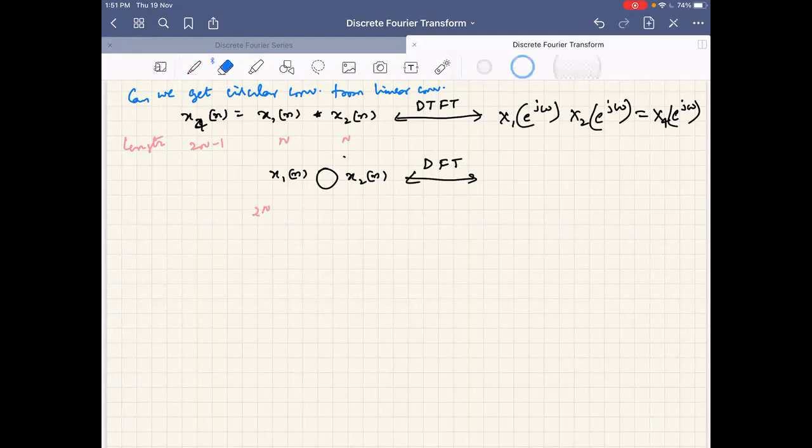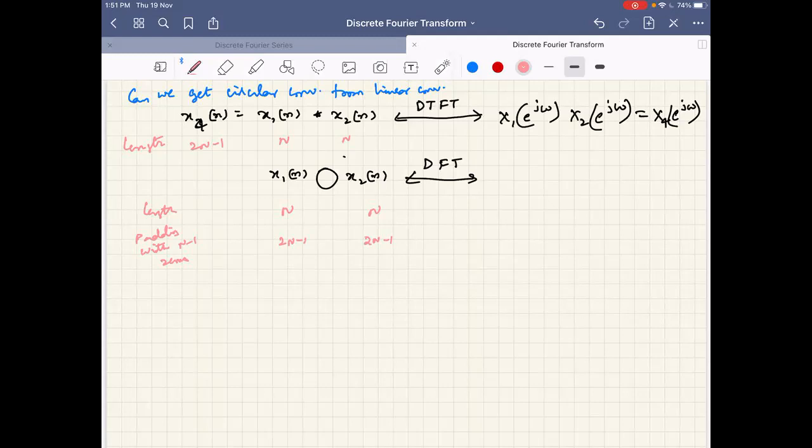The initial lengths of these two sequences are n and n, but padding with n minus 1 zeros gives lengths of 2n minus 1 and 2n minus 1. In that case, we can assume x1 and x2 to be sequences of length 2n minus 1 with n non-zero samples.